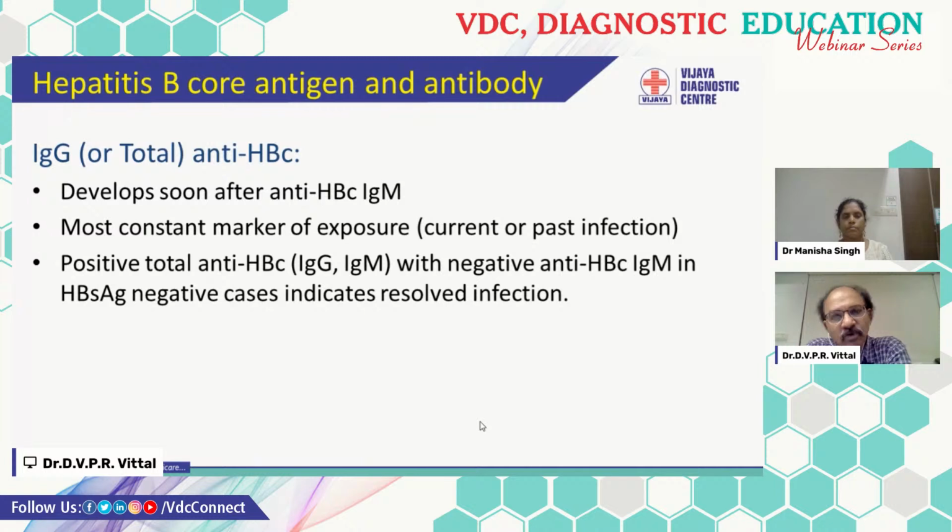Hence, the diagnosis could be made as recent infection, or this may be due to a past infection. Now the total anti-HBc antibodies with negative IgM anti-HBc in case of negative HBsAg indicates a resolved infection.